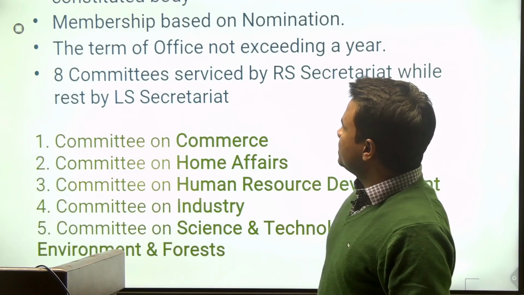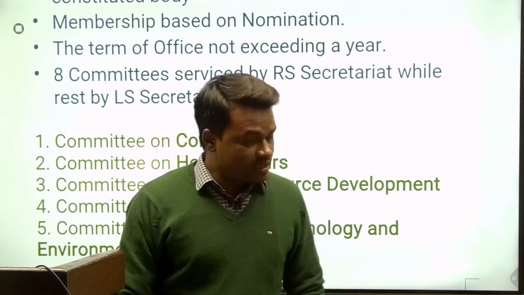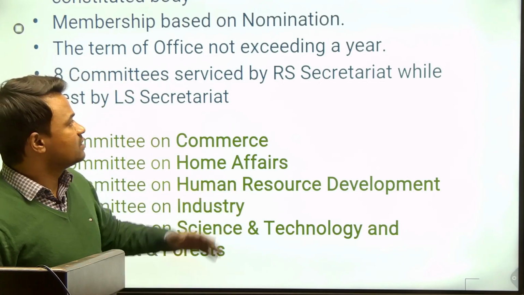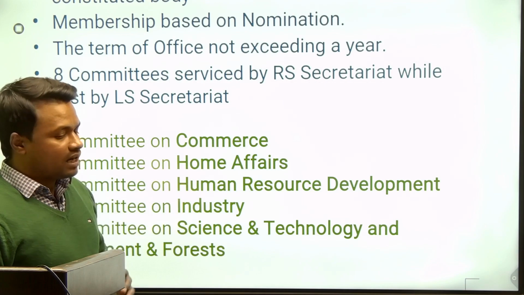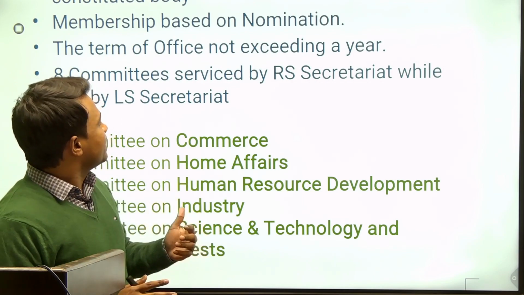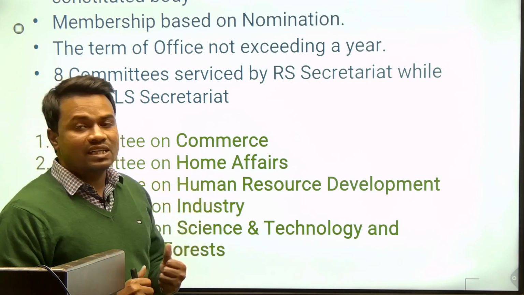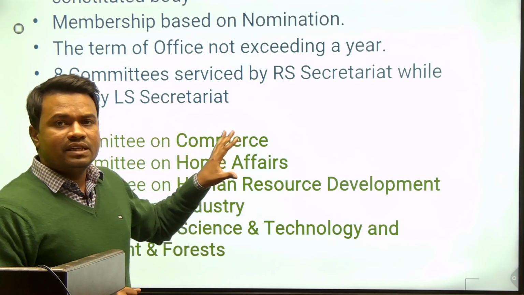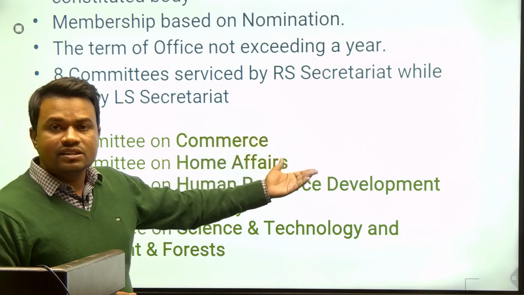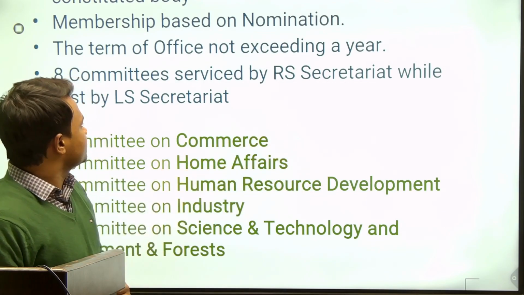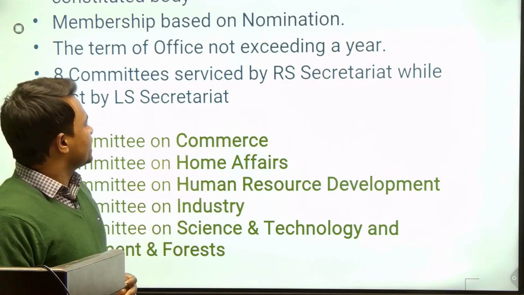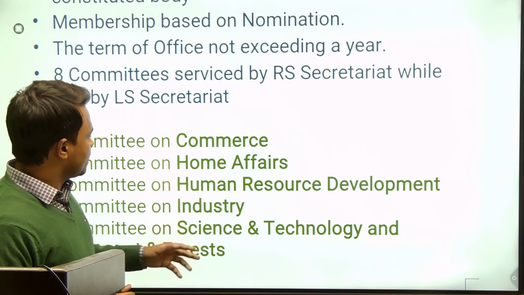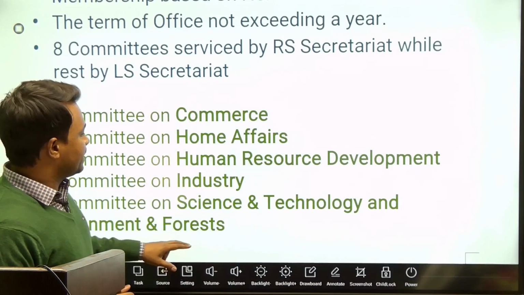These departmental committees are aided and supported by the secretariat. Eight committees are serviced by the Rajya Sabha secretariat, while the remaining 16 are serviced by the Lok Sabha secretariat. So these secretariats also play an important role.